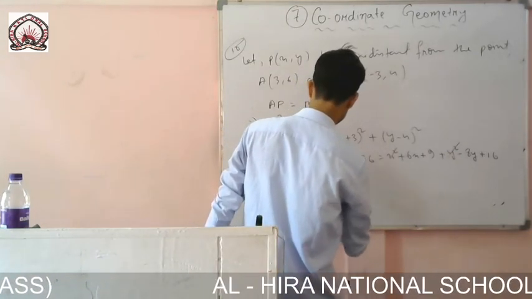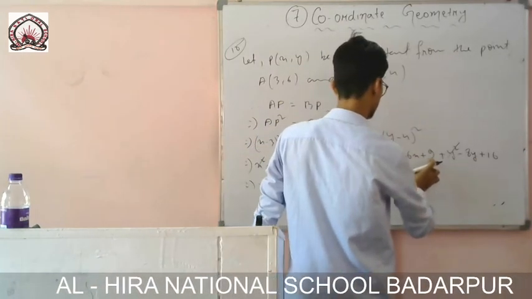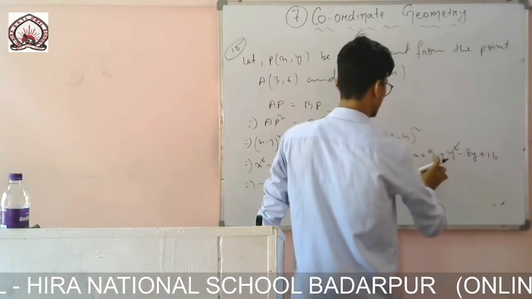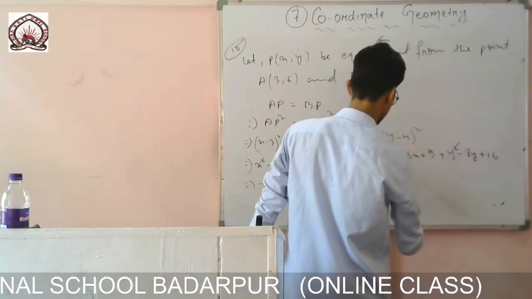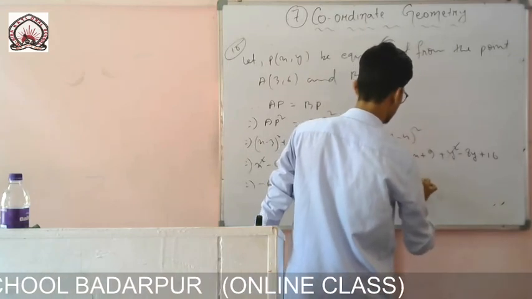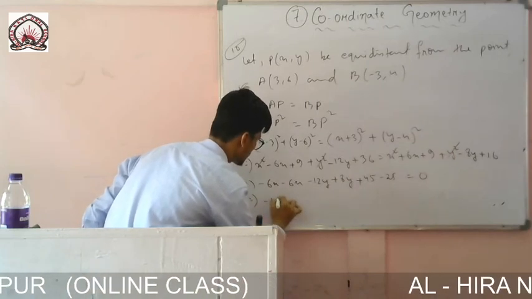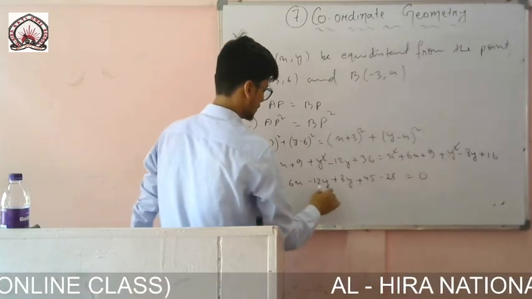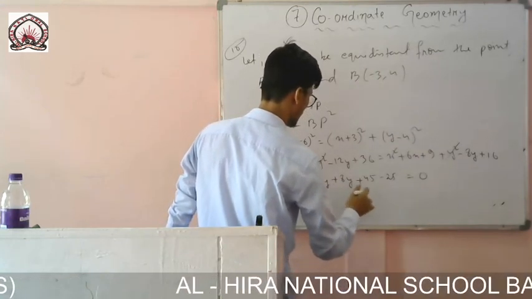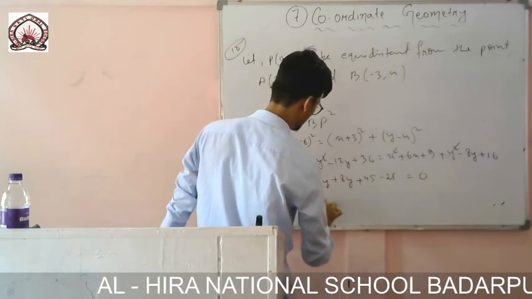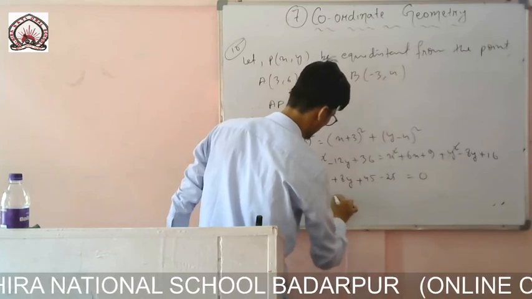Then 9 plus 16, so it will be 25. So it will be minus 25, which equals 0. Now minus minus is plus, so minus 6 6 is 12x, then minus plus is minus, so it is minus 4y, and from 25, 45, so 20.